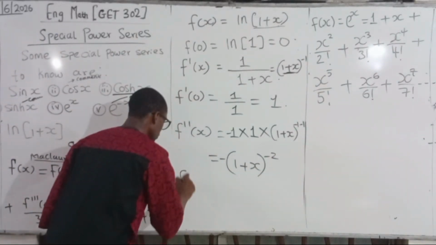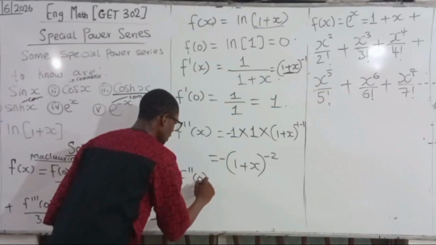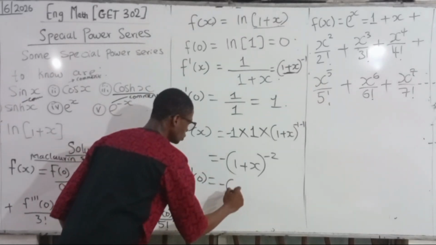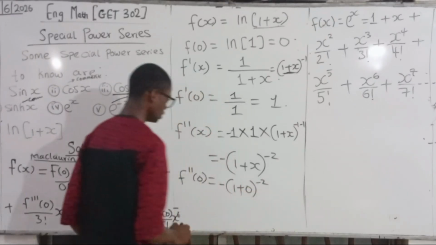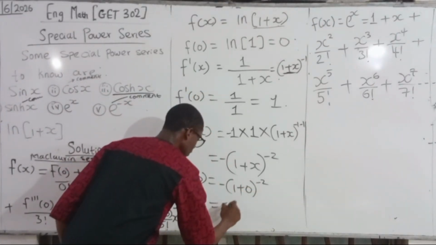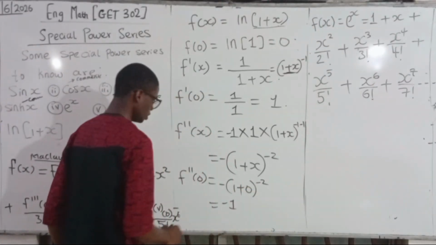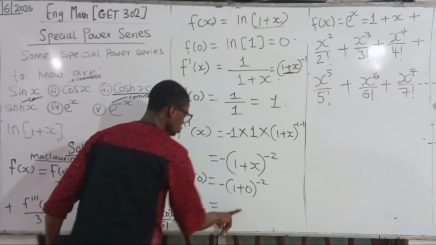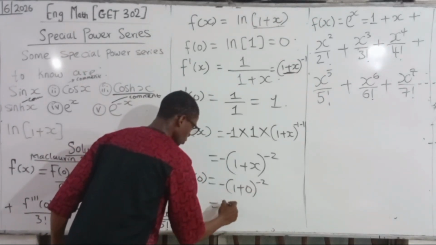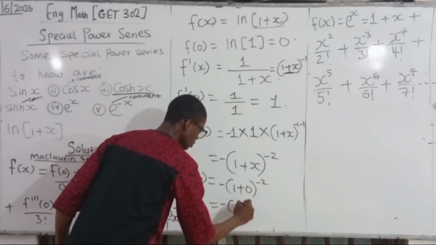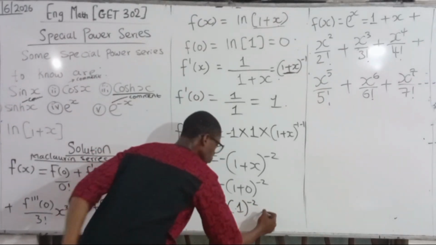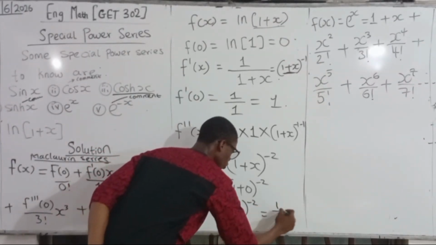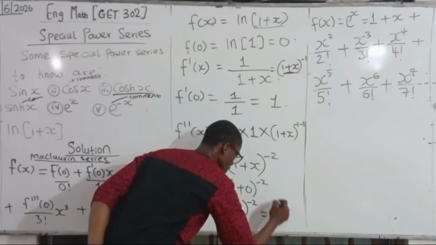So if you input 0, you should have minus (1 plus 0) to the power of minus 2, which gives 1 to the power of minus 2, which is 1 all over 1 to the power of 2.